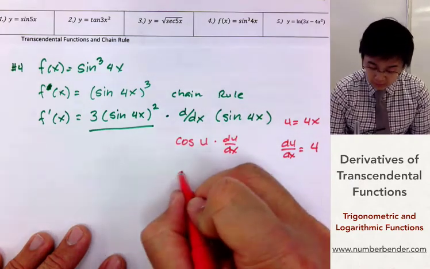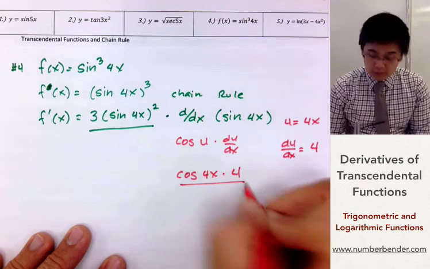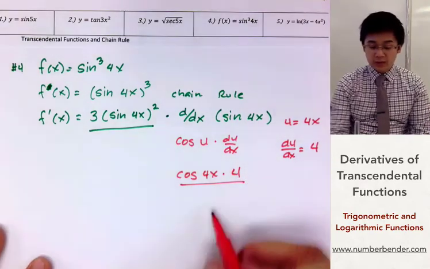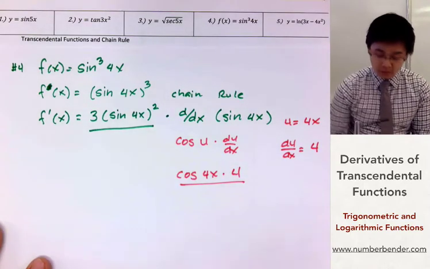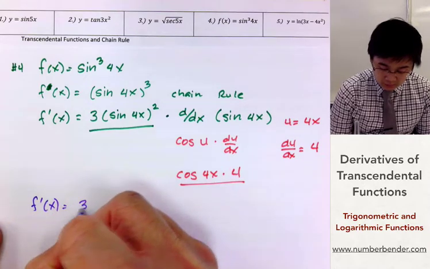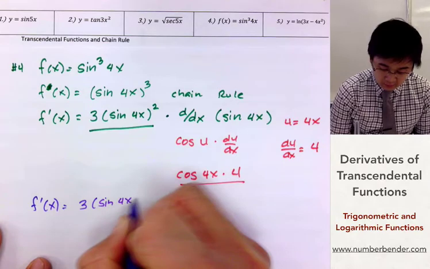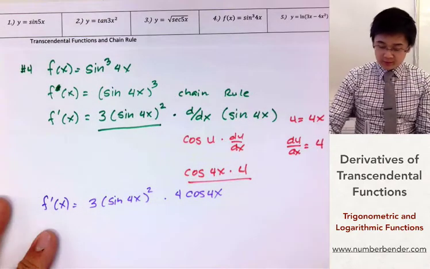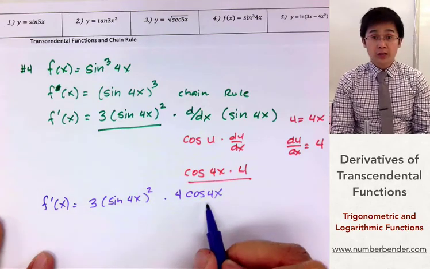So we'll have cosine 4x times 4. This is our derivative for sine 4x, and from our chain rule, f prime of x is 3 quantity sine 4x squared times 4 cosine 4x.